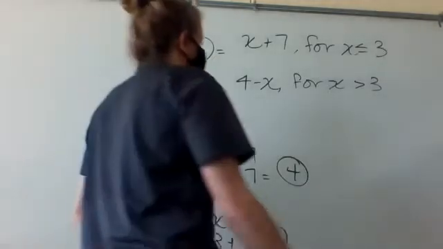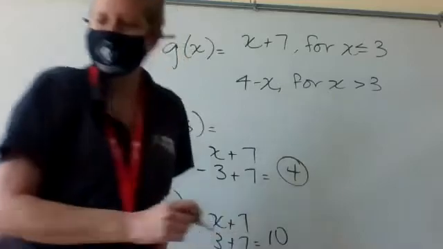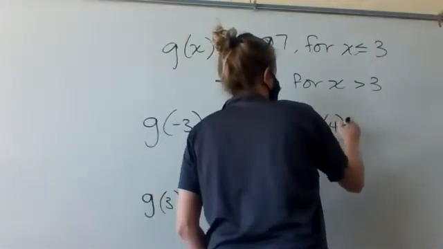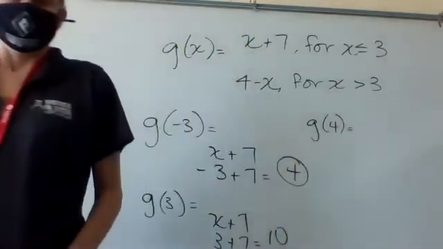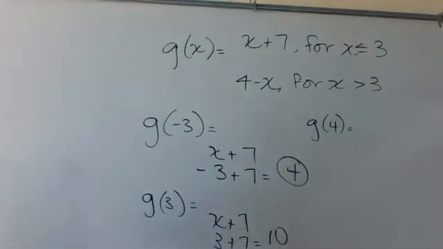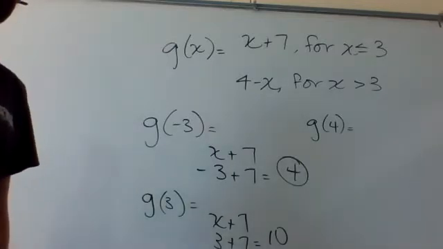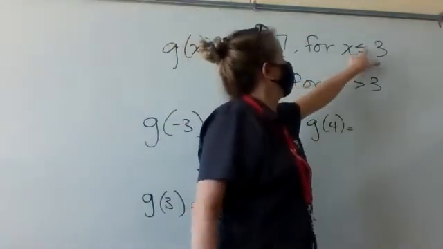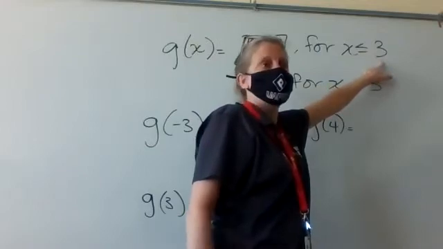Then the last one on this problem says find g of 4. So go find, first of all, what piece 4 is in. Is 4 less than or equal to 3? It's not, it's bigger than 3.